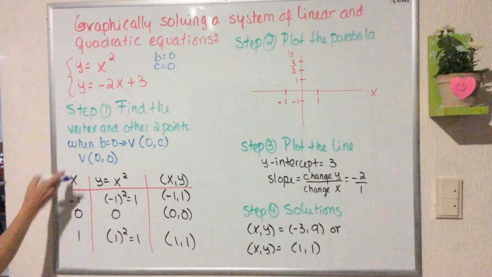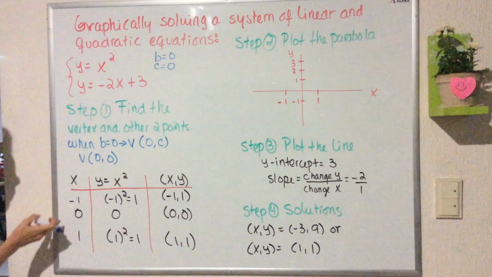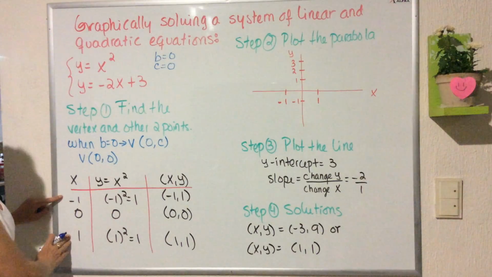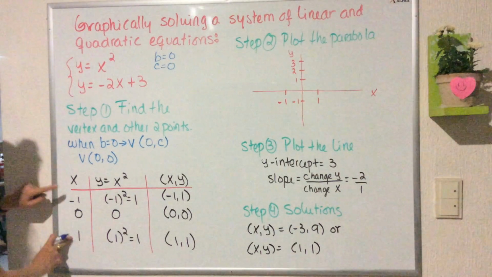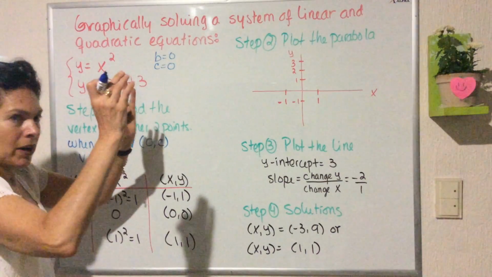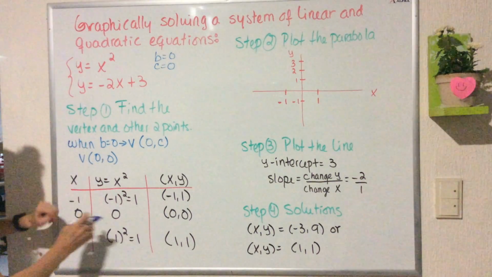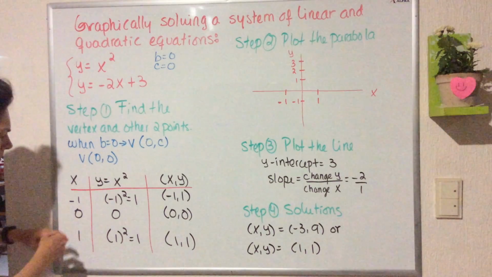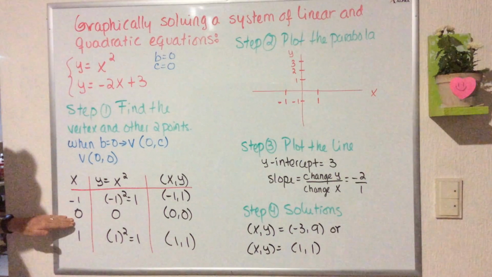Now, having the vertex, we are going to find other 2 points in order to plot the parabola. If you have the vertex and other 2 points, you are going to be able, in Alex, to plot the parabola. Now, look, we create the table, and in the middle, we write the vertex.